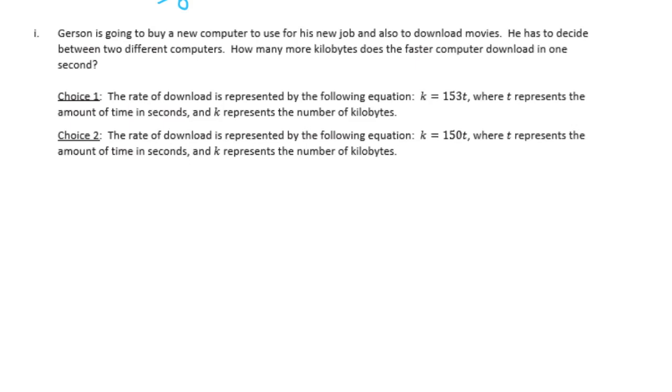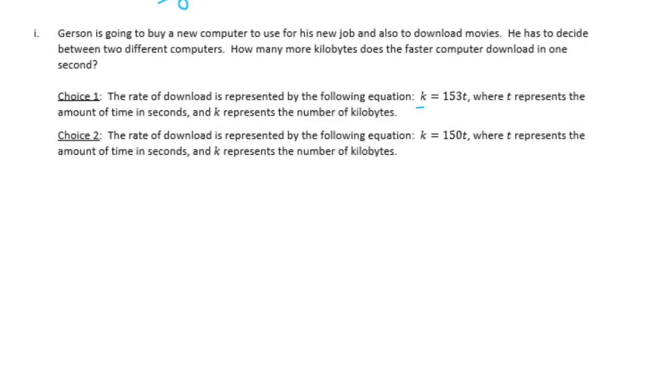Gerson is going to buy a new computer to use for his new job and also to download movies. He has to decide between 2 different computers. How many more kilobytes does the faster computer download in 1 second? So choice number 1, the rate of download is represented by the following equation: K equals 153T, where T represents the amount of time and K represents the number of kilobytes. So 153 times the time is how many kilobytes you're going to get.